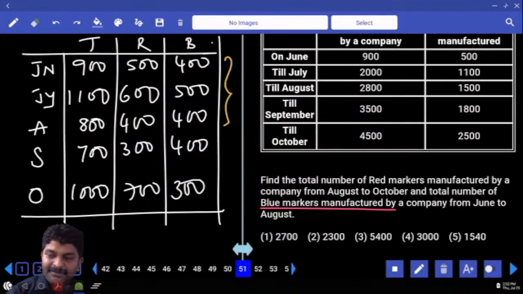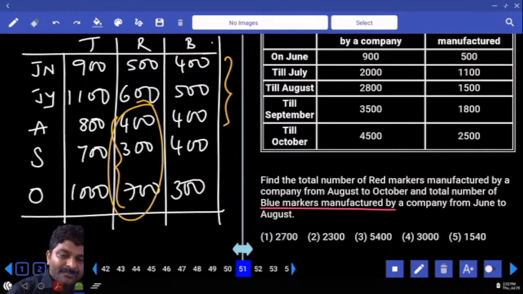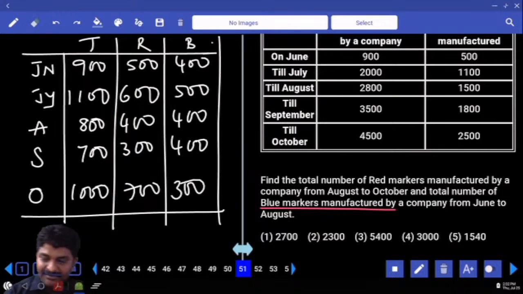These three we need. And August to October red color. And we were asked to calculate the sum. Right. Red color one, 1400. 1400 plus blue color, 14 plus 13. 2700.